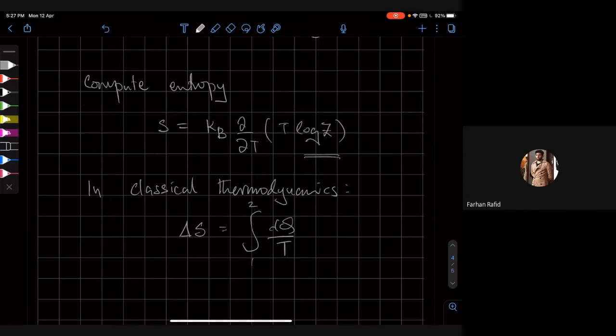And therefore, any quantum effect cancels out from the integral. So we are never calculating the absolute value of entropy in classical thermodynamics. Okay.